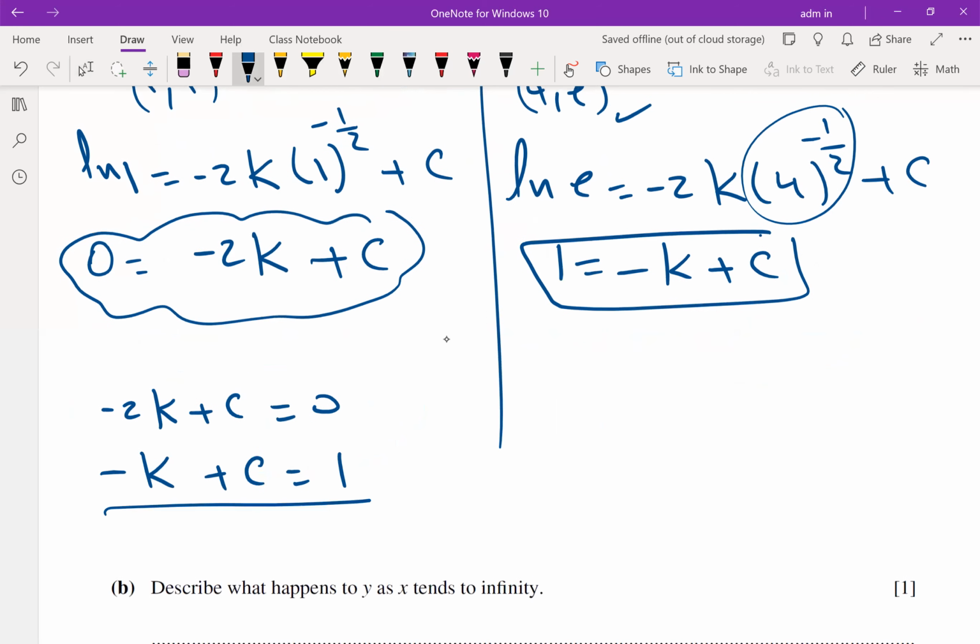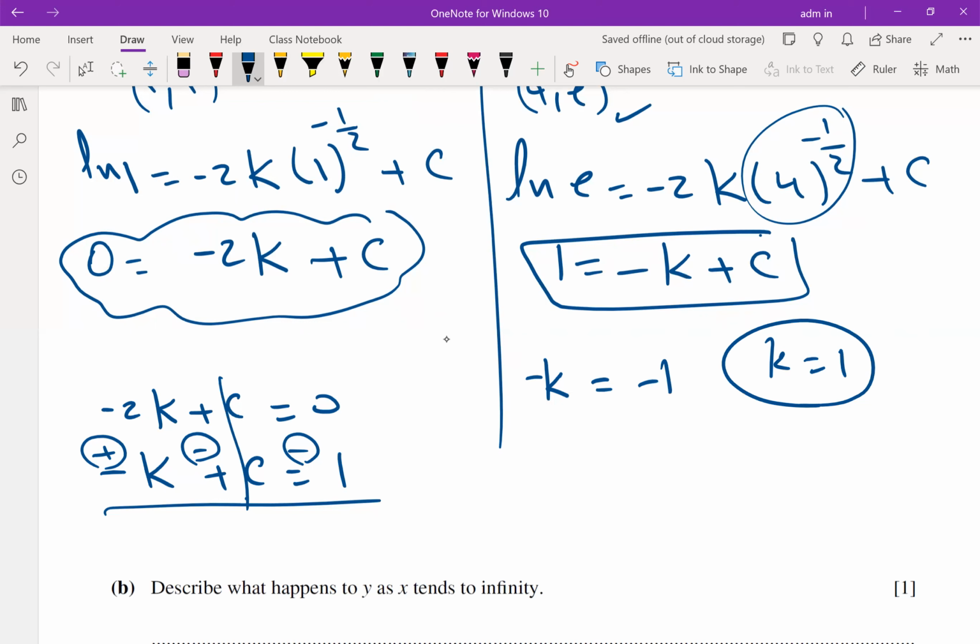By subtracting, meaning change the sign or multiply by negative 1, then add, you will get negative k equals minus 1, so k is equal to 1. After finding that k is 1, you will get c is 2.